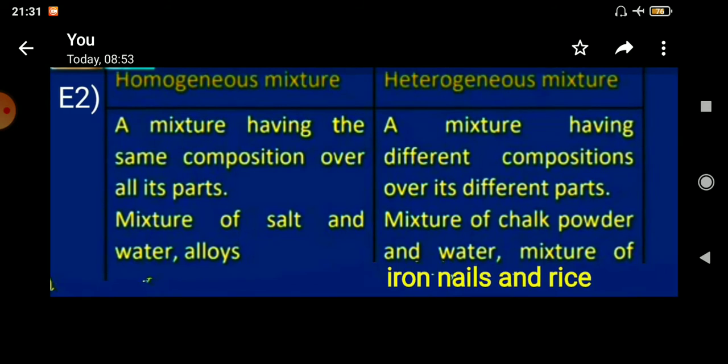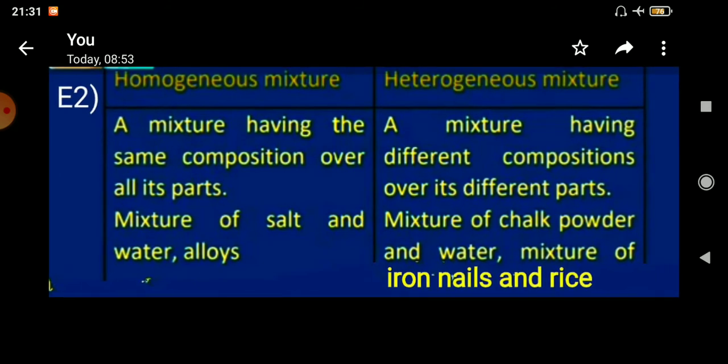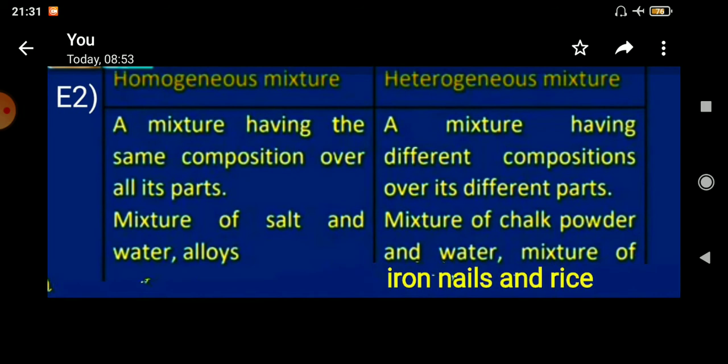Which have the same composition. Like if it is composed of two parts, part A and part B, the proportion of both will be 50-50%. Okay, whatever the composition, that will be certain. So the mixture having the same composition all over its parts is a homogeneous mixture, like a mixture of salt and water.